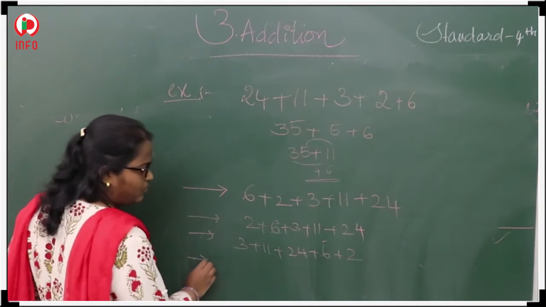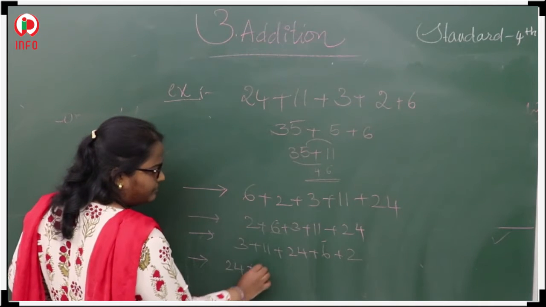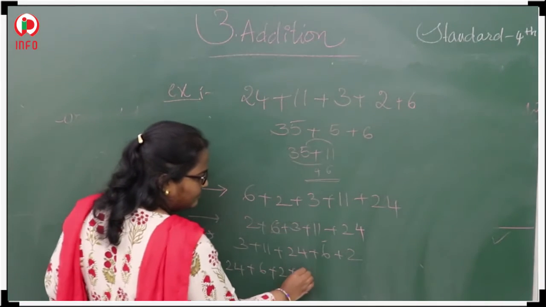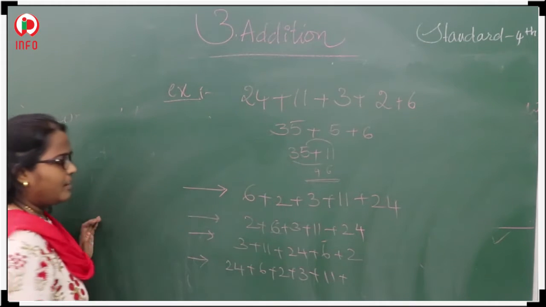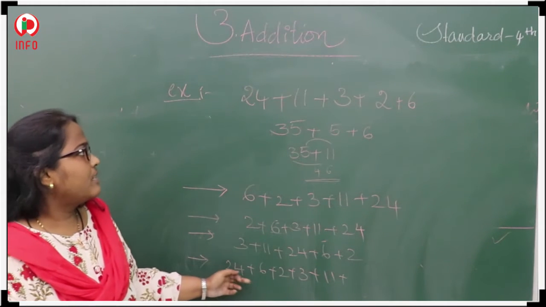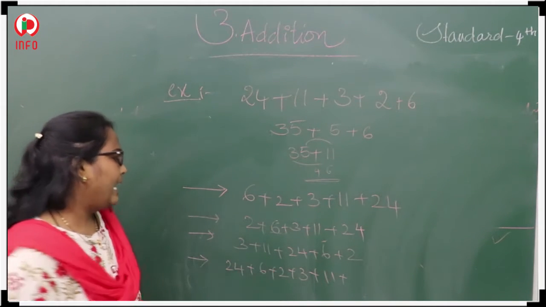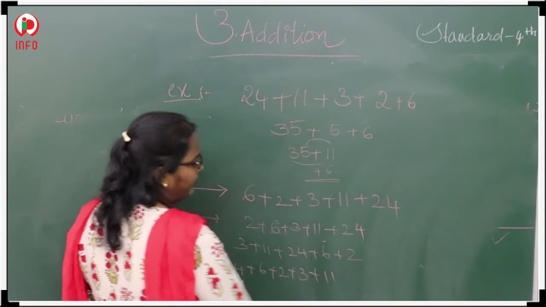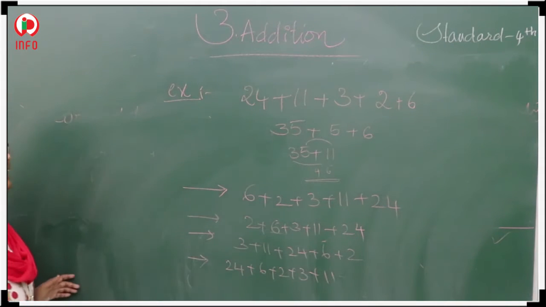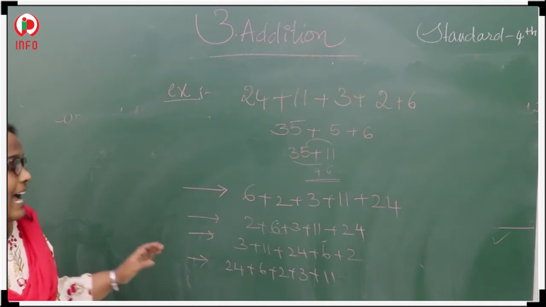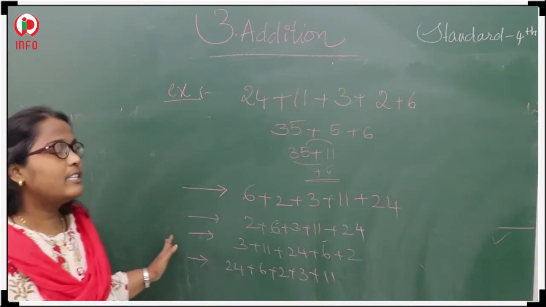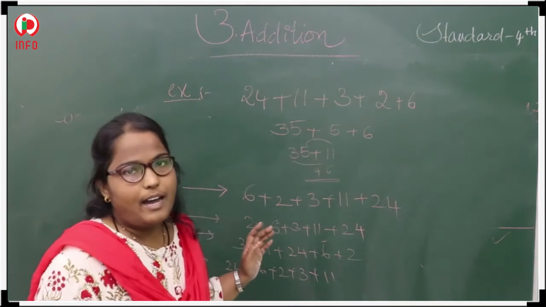We'll go to one more method. So this is the one more method: 24, 6, 2 and 3. That's it. You can go into any method, we have different types of methods, so if we add in either way, any other way, we will get the same answer.